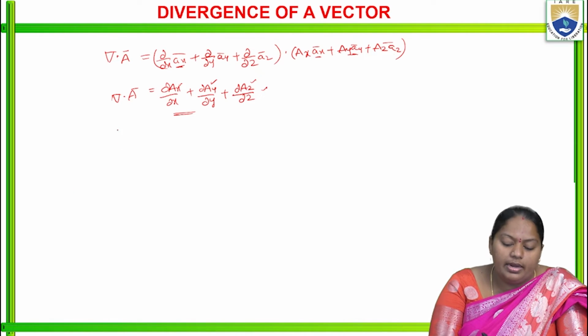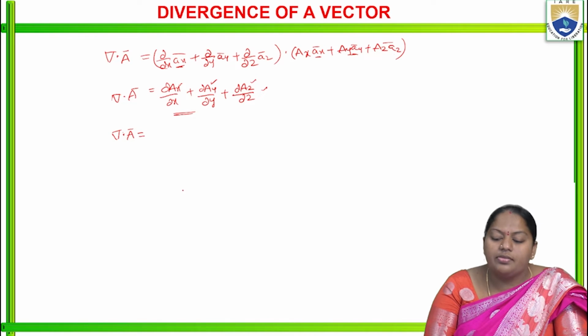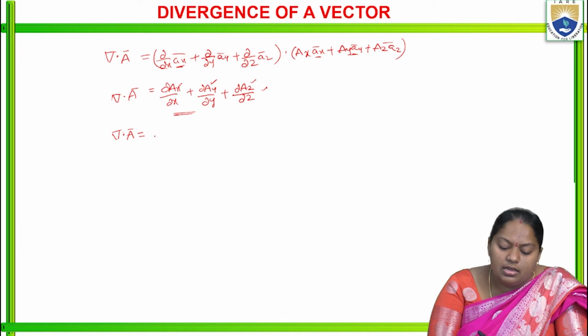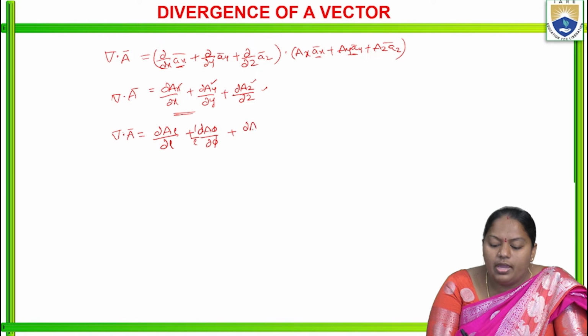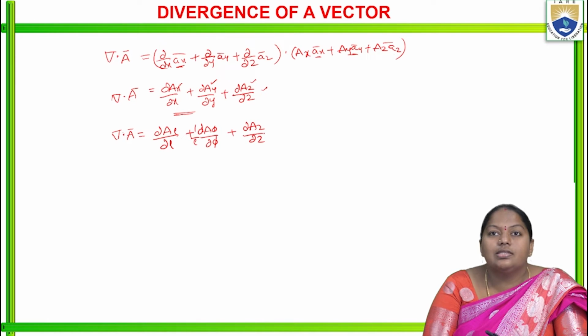like this. Next, coming to the second type of coordinate system, the divergence of a vector can be written as dou A rho by dou rho plus 1 by rho dou A phi by dou phi plus dou Az by dou z.